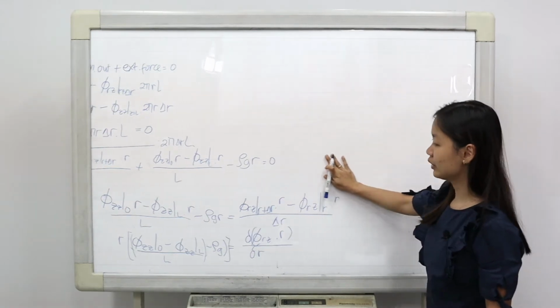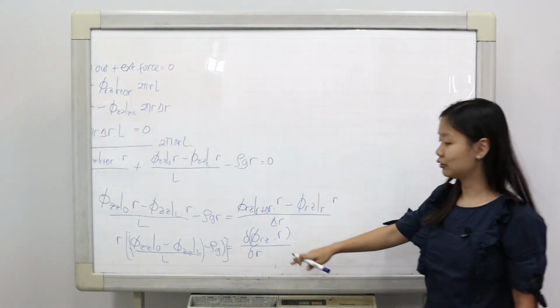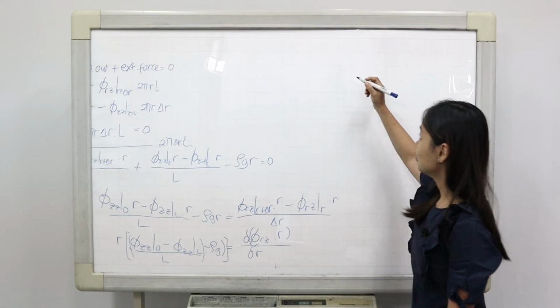And then from this equation, we have VZZ and VRZ.